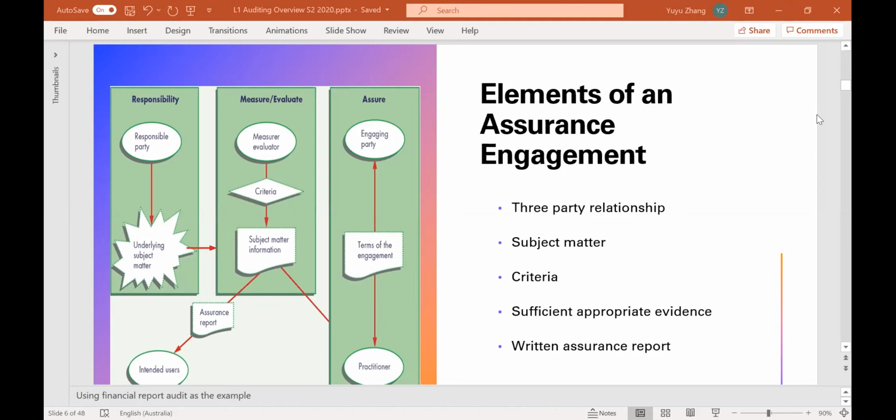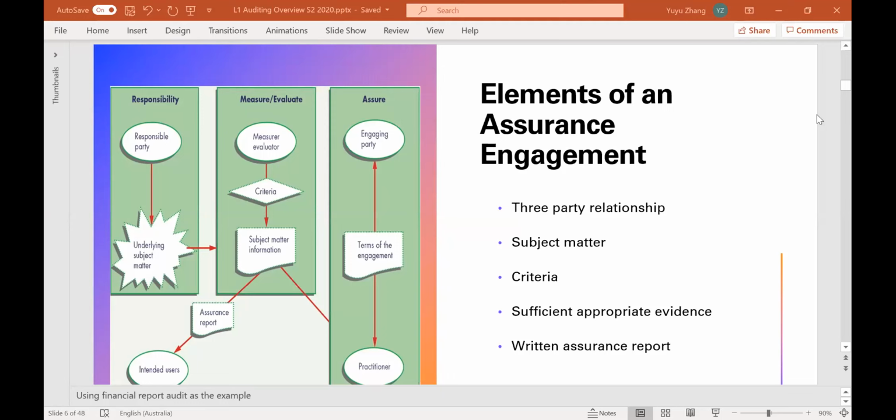So the second component here is the subject matter. Still using the example of the financial statement audit, as a manager, I report the company's performance in the form of a financial statement.